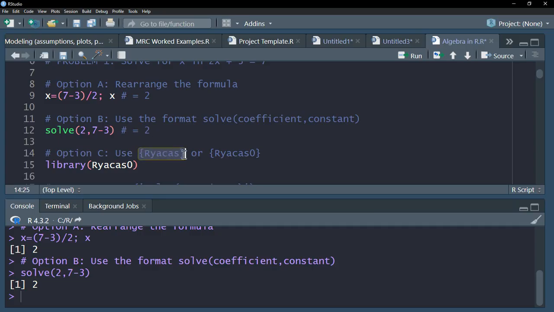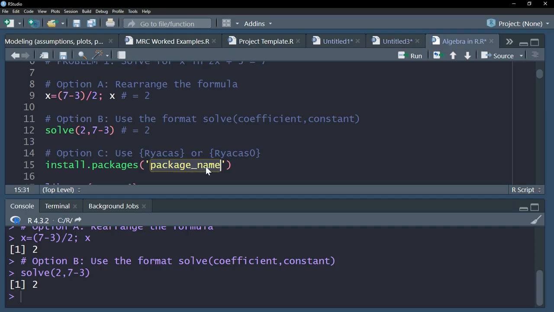This is the most current version, I guess. I like to use an older version, so Ryacas0, because I like how it works. I guess I could learn this one, but once again, I'm probably not going to. I'm showing you how to do this to show you it's possible, but this is not how I would be solving it myself.